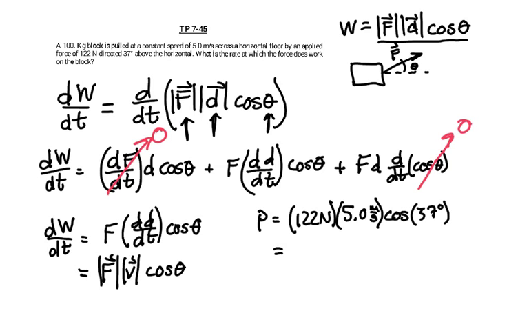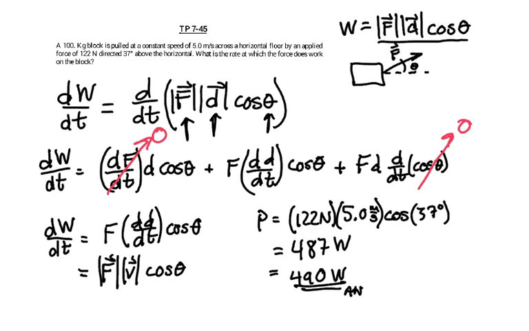And that is equal to 487 watts. But this is only 2 sig figs. So we have 490 watts. Remember that watts is the same thing as joules per second, which is what we can expect for our work per time, because our work is in joules, and if we look at the rate at which work is being done, it is joules per second, and that's where these watts come in.